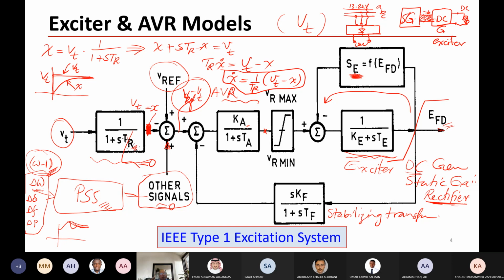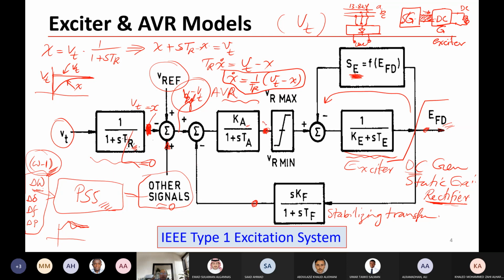So how many states do we have for this block? Now, 3 states. After each integrator, you have 1 state. 1 state here, after this integrator 1 state here, EFD is a state, and 1 state here. So you have 3 states.